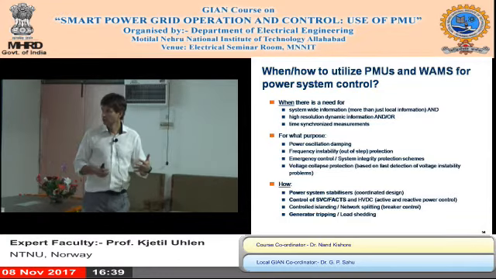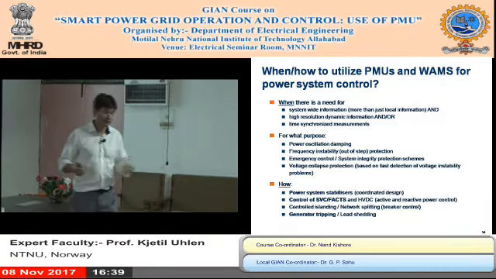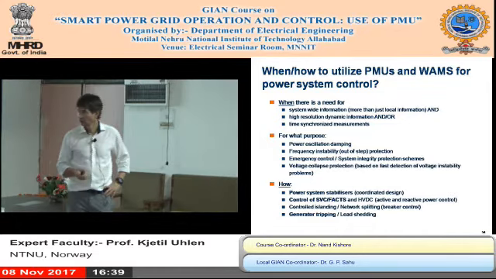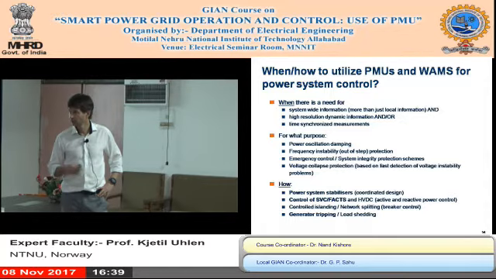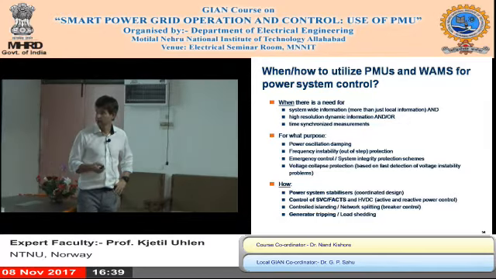Now with more and more of the high voltage DC links being voltage source converters, you could utilize them for many purposes other than transmitting power. You could use them for controlled islanding. And you could use them for these more advanced or improved system protection schemes, like generator tripping or load shedding.